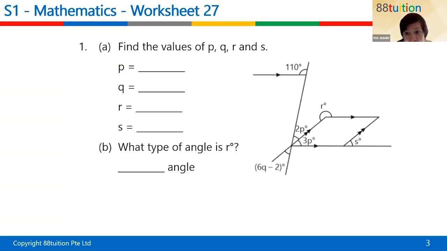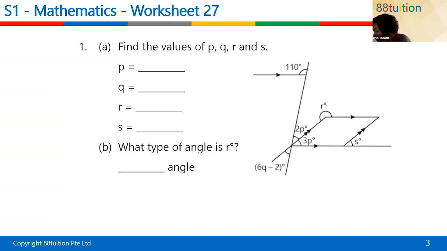Just to check, you can see my share screen now? Give me a minute. Okay, so what is here, we call them angles.